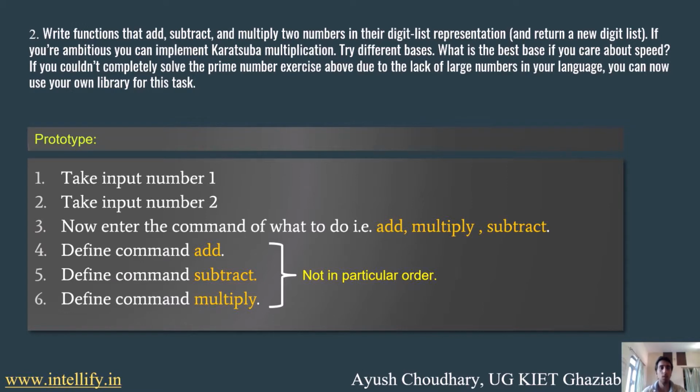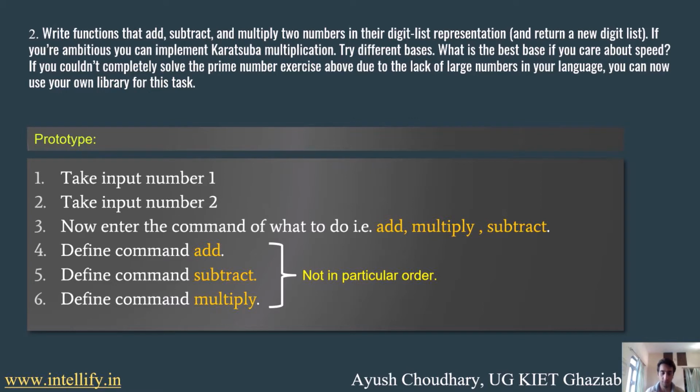Now our second problem: write a function that adds, subtracts and multiplies two numbers in their digit list representation, and returns a new digit list. If you are ambitious, you can implement Karatsuba multiplication. Let's see how we can do it.